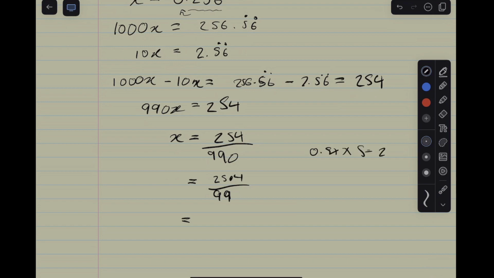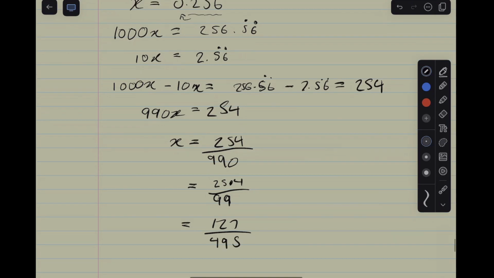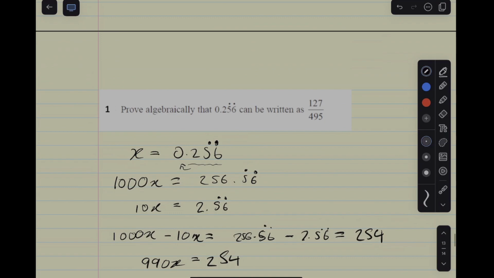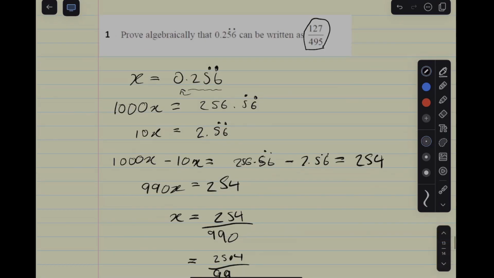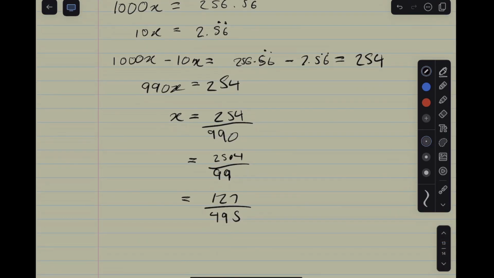So to make the 0.4 a whole number, you times it by 5. So what's 25.4 times 5? That is 127. And what's 99 times 5? 495. And as you can see, if we scroll up, we get exactly the same as that. Right here, 127 over 495.